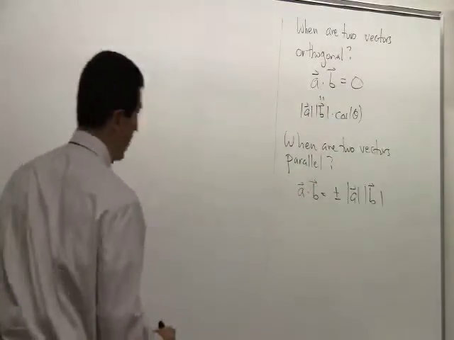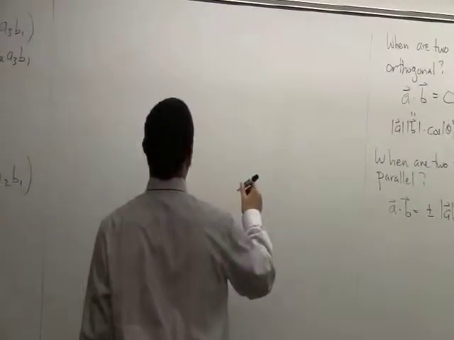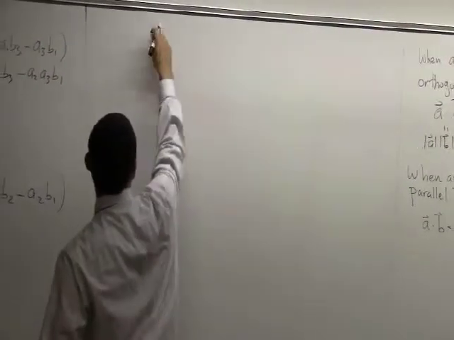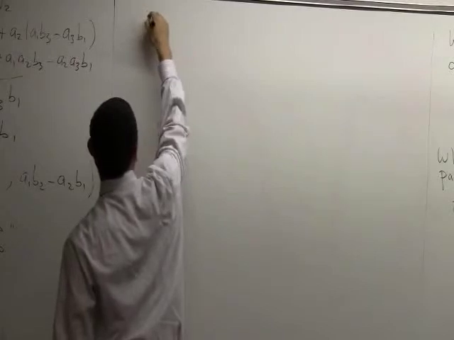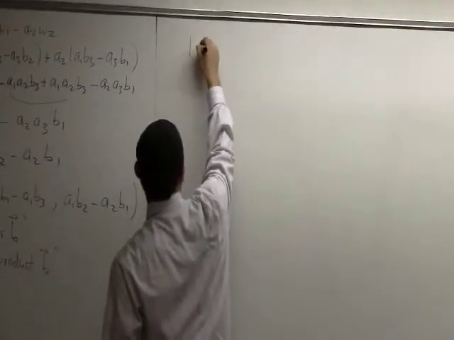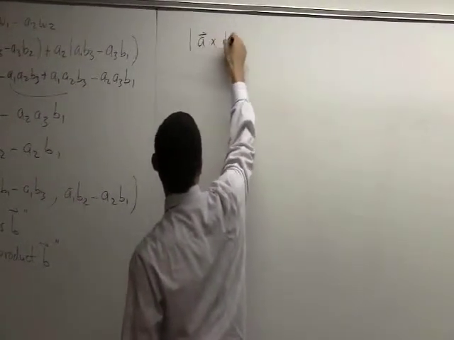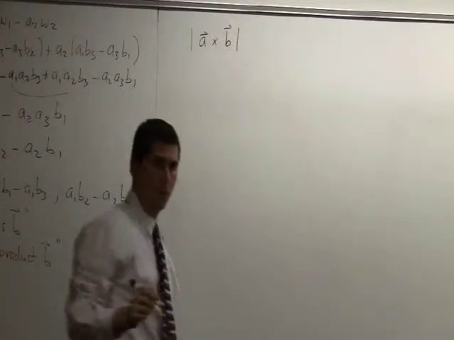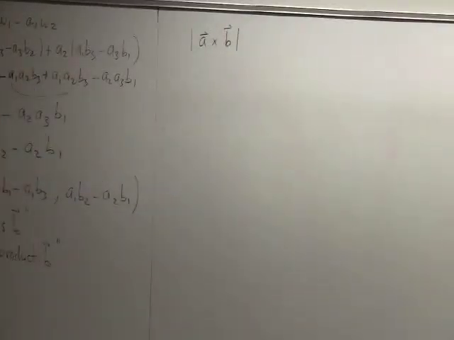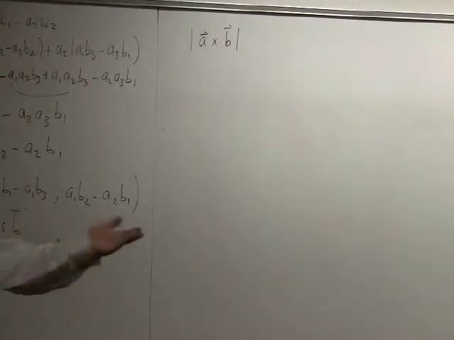So let's see how we do this. The way we're going to do this is by computing something that we're not quite sure why we're computing it. Let's say I have two vectors, and I want to know what their norm is when I take the cross product. This is an important question.